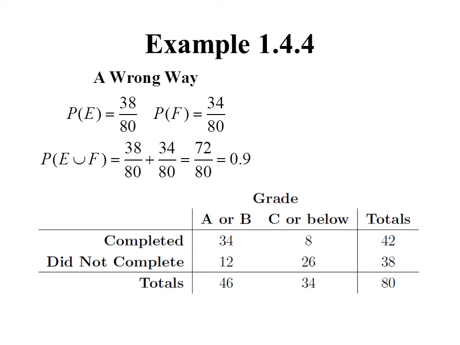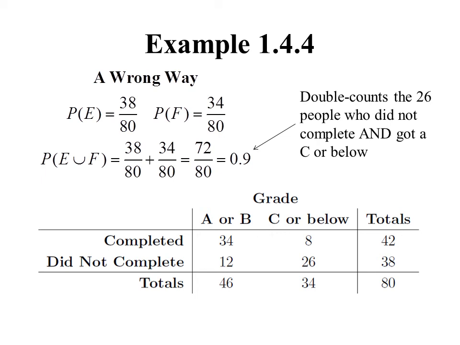And so then we just want to add those two probabilities together to get 72 over 80, which is 0.9. But the problem here is that this number double counts these 26 students who got a C or below and did not complete the problems. So we don't want to do that. We don't want to double count those.